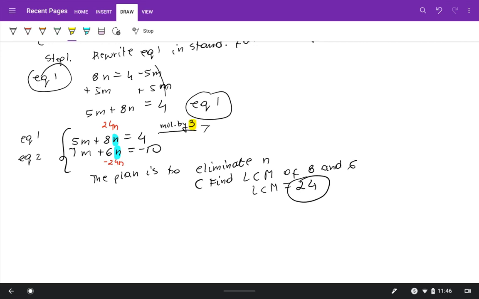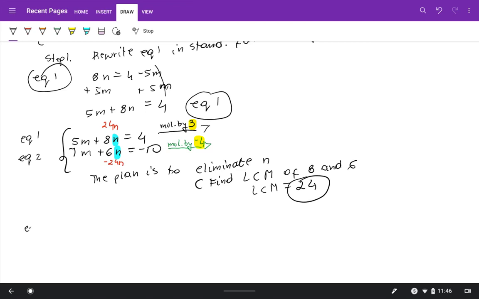What I'm going to do with equation 2, to get negative 24n in equation 2, I need to multiply the entire equation 2 by negative 4, because negative 4 times 6 will give me that negative 24n. Okay, so this is the plan. Let me do that.